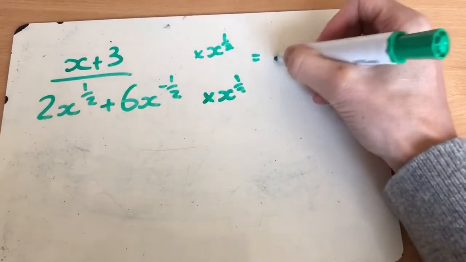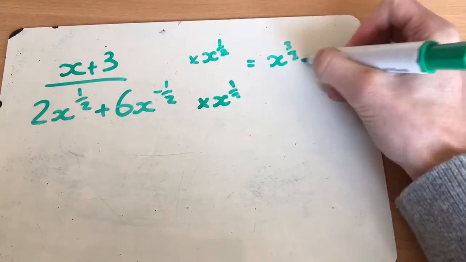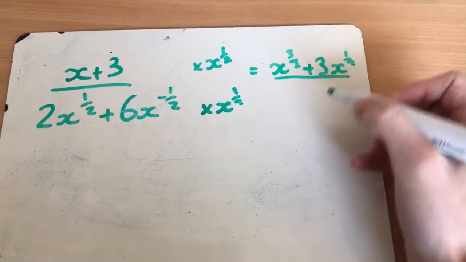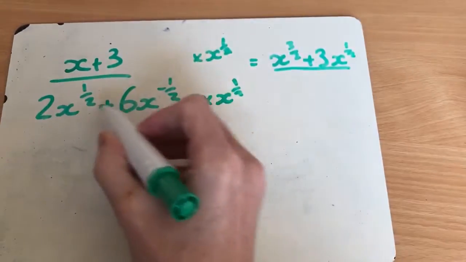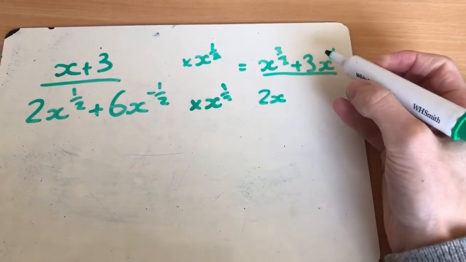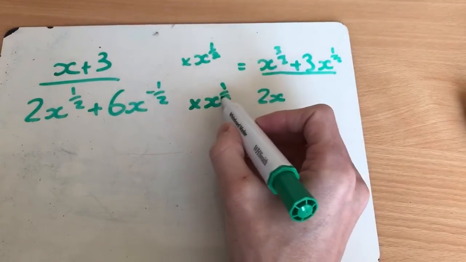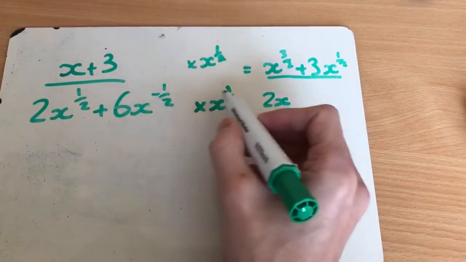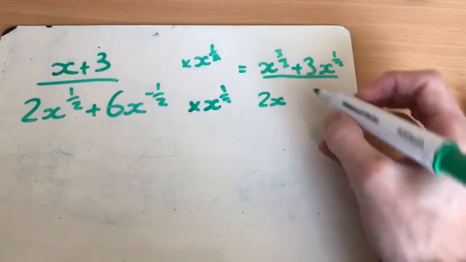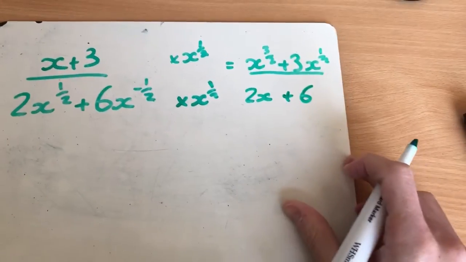So you'll get x to the 3/2 plus 3x to the half. And then on the bottom, you'll get x to the half times x to the half is x to the power 1, so 2x. And then you'll get x to the half times x to the negative a half. When you add those powers together, they cancel out to leave x to the 0. X to the 0 is 1, so it's going to be that, okay?